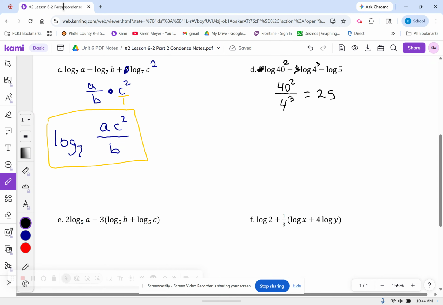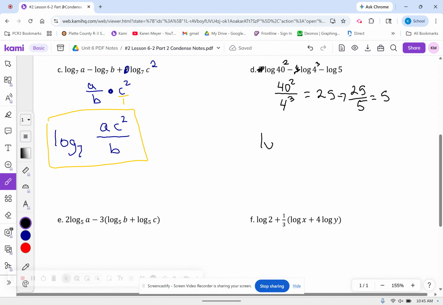And then I'm going to take 25, and I see subtraction, so I'm going to take the 25 and divide it by 5. And 25 divided by 5 is 5.